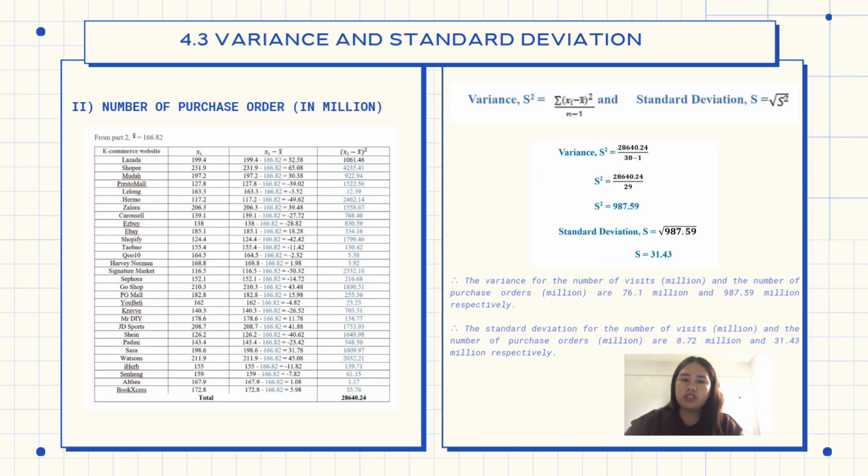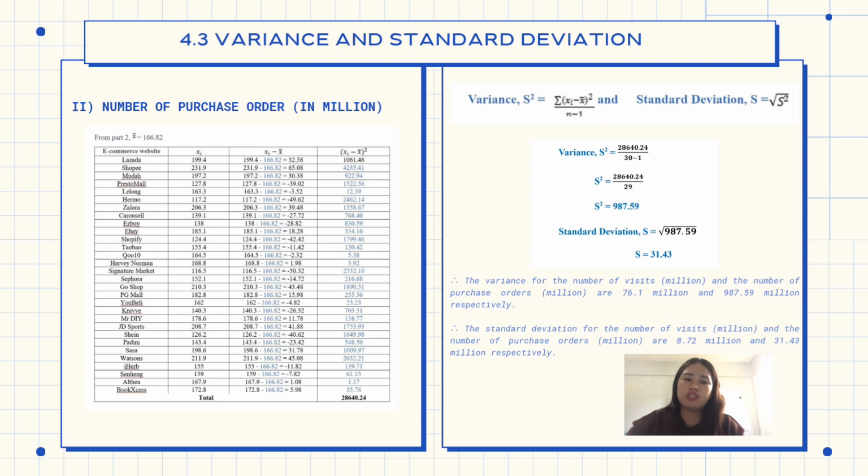To calculate the variance for purchase orders, we take the sum of (x minus x bar) squared, which is 28,640.24 over 30 minus 1, that is 28,640.24 over 29, and the final answer is 987.59.